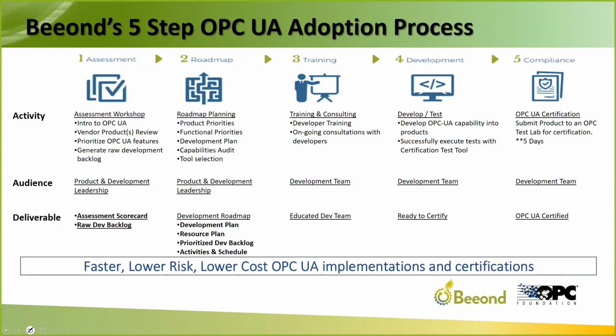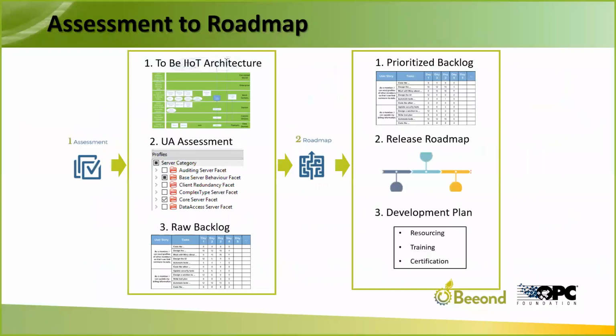We really streamline the whole certification process, which, if not done properly, can take a lot of manpower. So the whole goal of the process is to help customers adopt OPC UA more efficiently, move through the process faster, with less risk and less cost. That's the overall process.